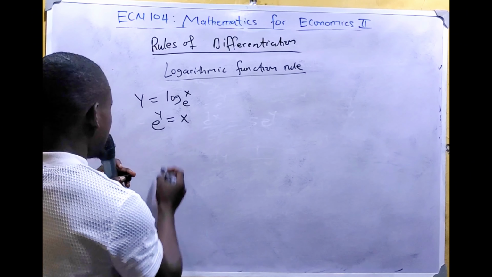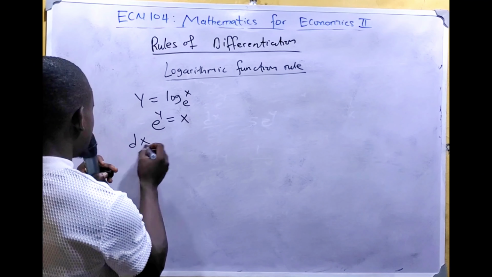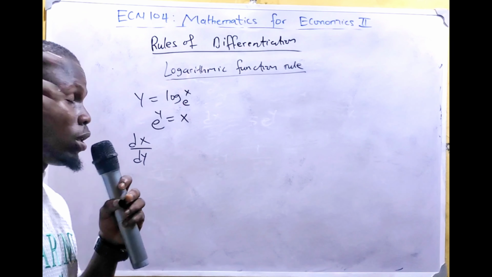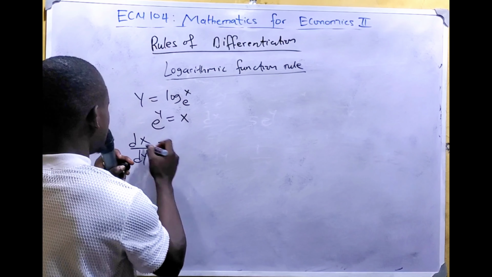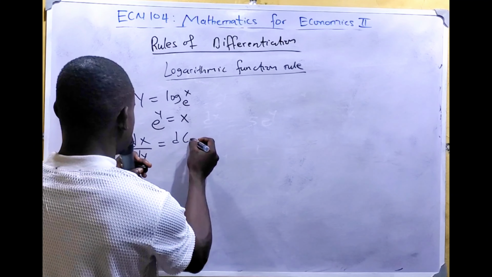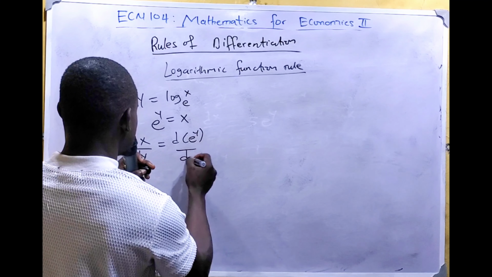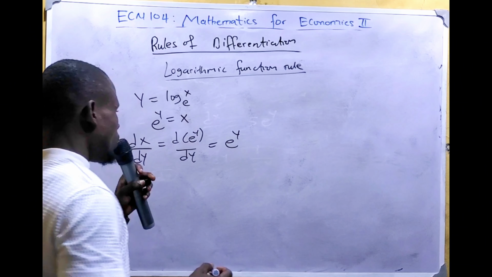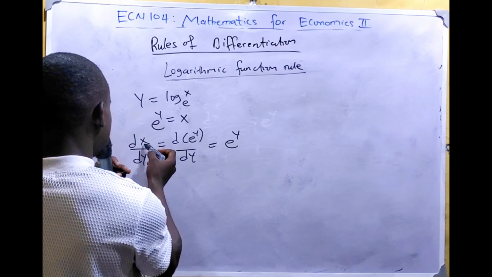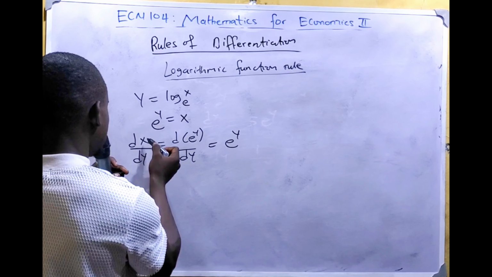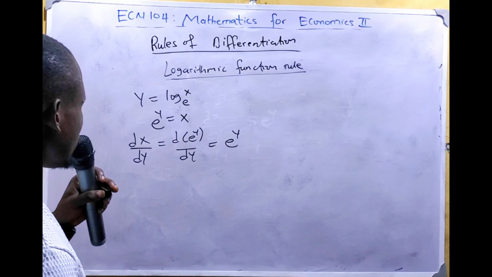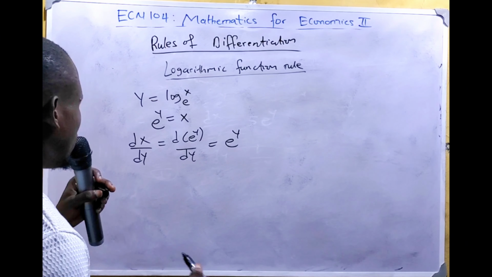At this case, we can find dx/dy using our knowledge of exponential functions, which will be the derivative of e raised to the power y with respect to y, which is e raised to the power y. But we are looking to find dy/dx.